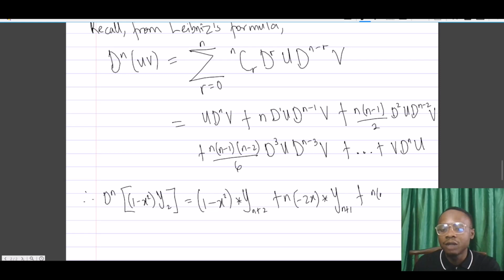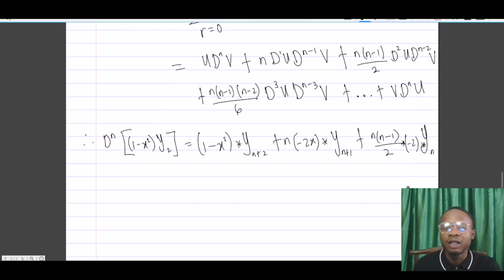That's n into n minus 1 divided by 2. And this will give us the second derivative of u, that's the derivative of this, which is just minus 2. Then multiply by the n minus 2 derivative of v, that will be just y sub n. Okay, so this is multiplying that. And finally, the third derivative will be giving us 0.